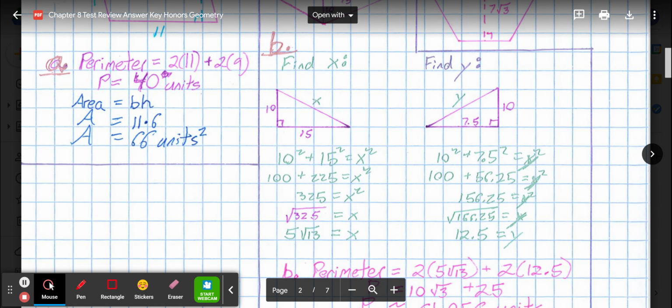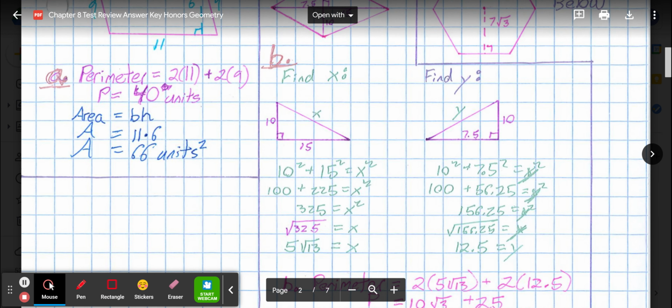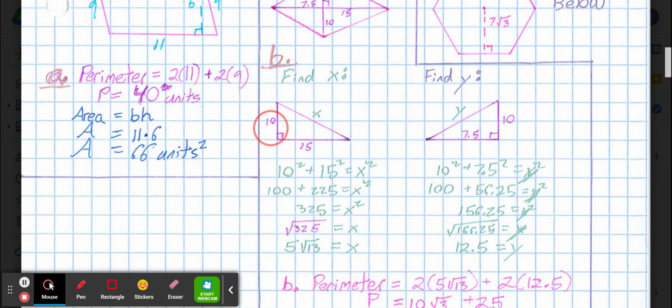To find X, we're going to look at that upper right-hand triangle. We know it's a right triangle with a leg of 10 and a leg of 15. We're trying to find the hypotenuse of X. So 10 squared plus 15 squared equals X squared, which would give us 325 equaling X squared. To undo the squaring, we square root each side.